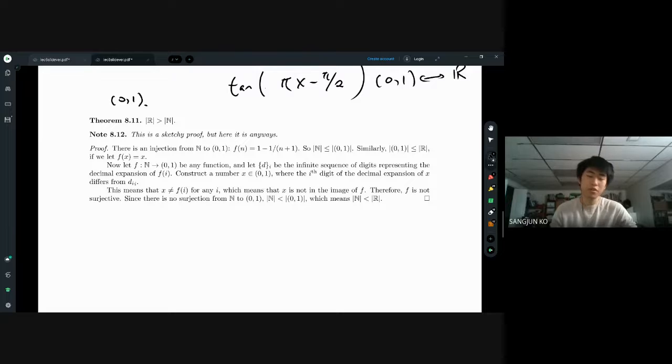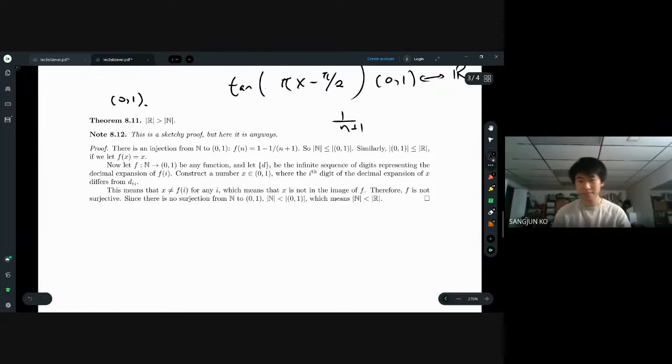There's a natural injection from N to R, and that's just map n to n, which shows that N is less than or equal to R. Okay? I don't think you need to go this far. Or you can just map each n to 1 over n, or n plus 1, I guess.